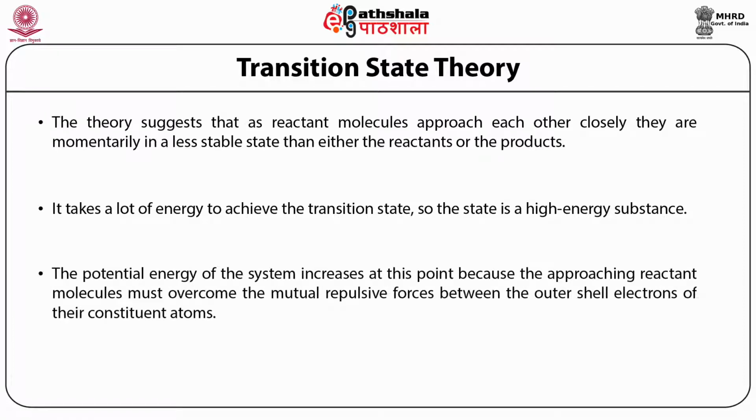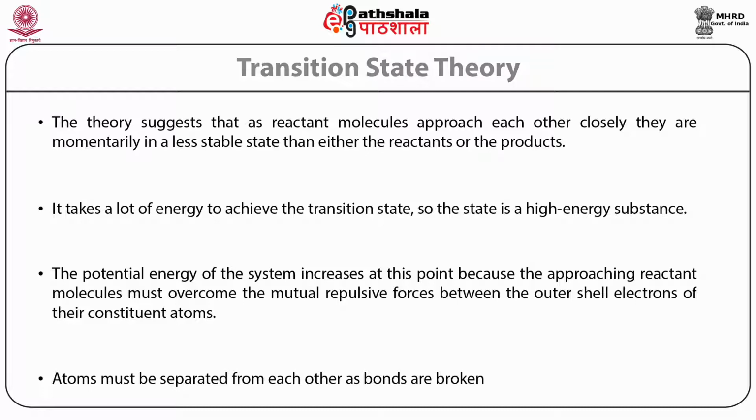The potential energy of the system increases at this point because approaching reactant molecules must overcome the mutual repulsive forces between the outer shell electrons of their atoms. So atoms must be separated from each other as the bonds are broken.